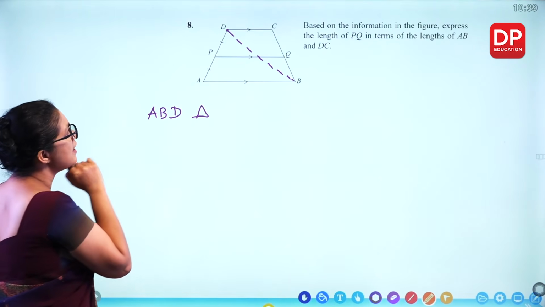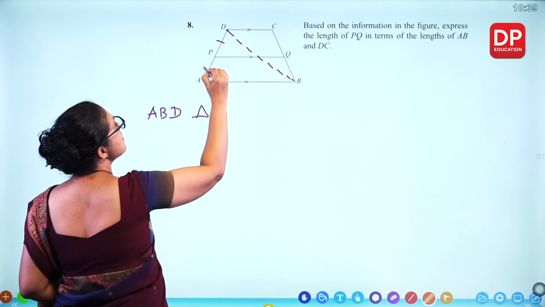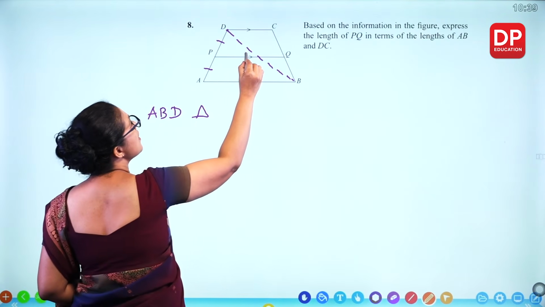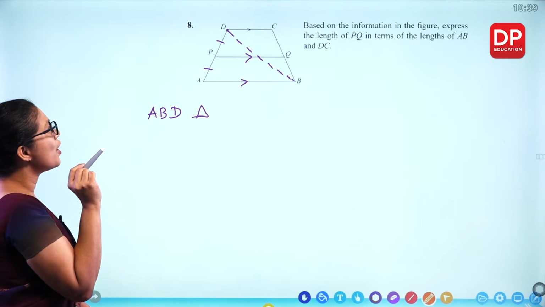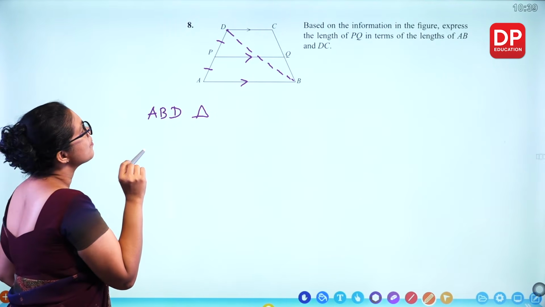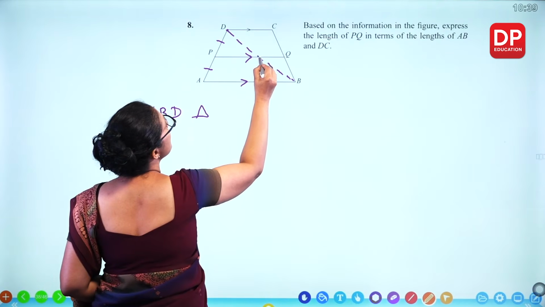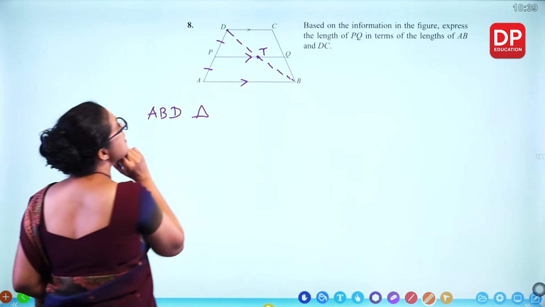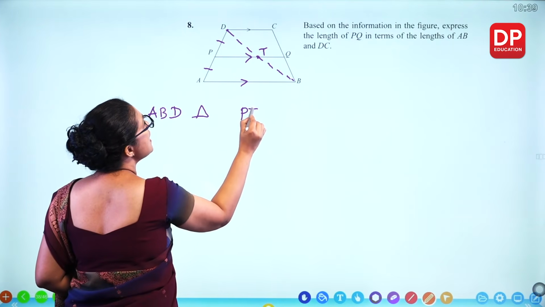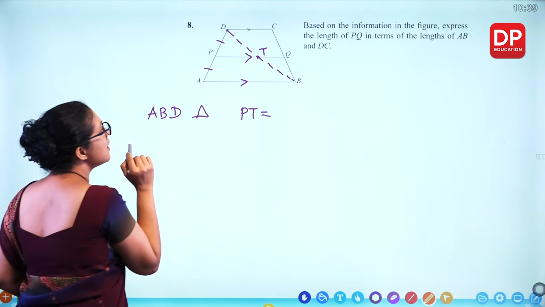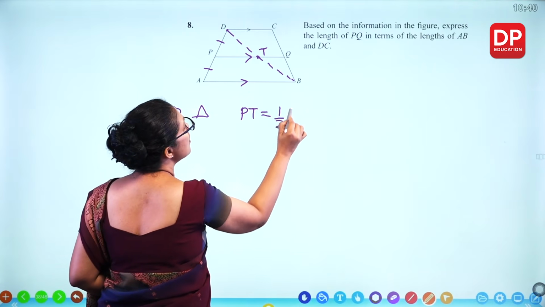We can say this length is equal to this one and this one is parallel to this one. According to the Converse midpoint theorem, we can put a letter here, T. What can you say about PT? PT is half of AB.